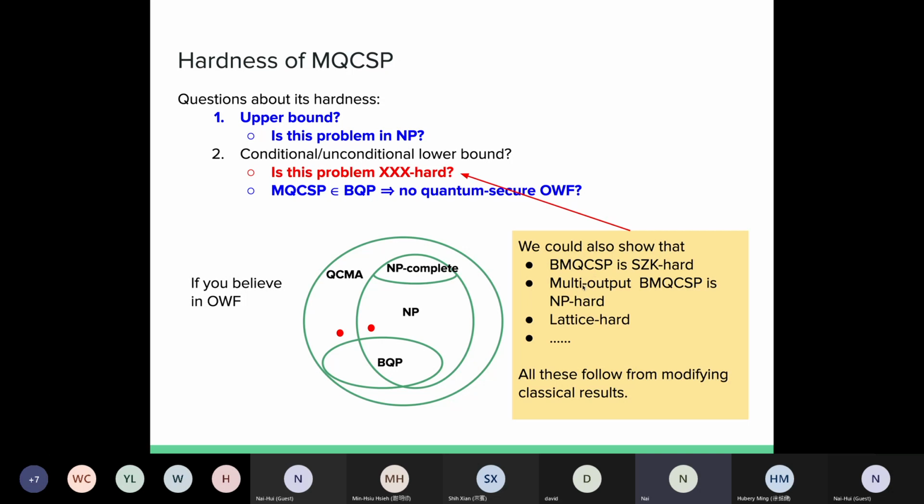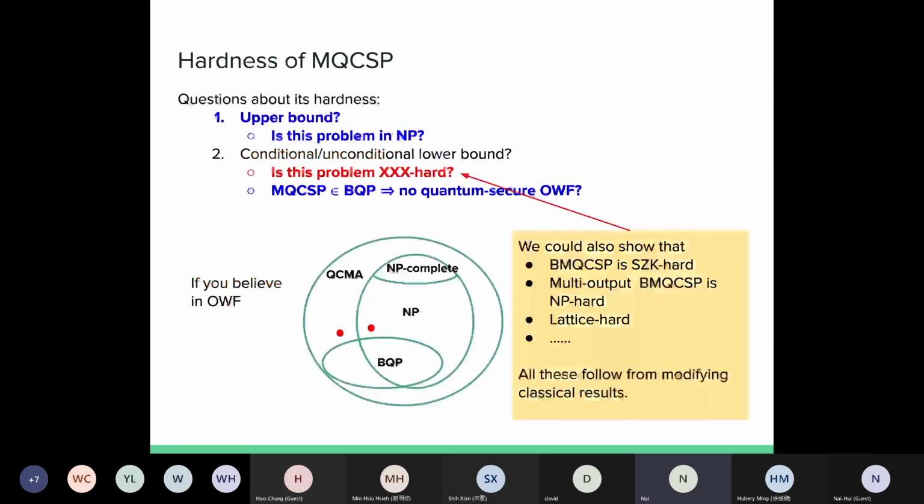We also show that if you consider multi-output MQCSP, this problem is NP-hard. And also this problem is lattice-hard, which means that all lattice problems reduce to MQCSP and so on. All this follows from quantizing classical results. We know that classical MCSP also has these results, and we show that all these results can be quantized to the quantum MCSP.